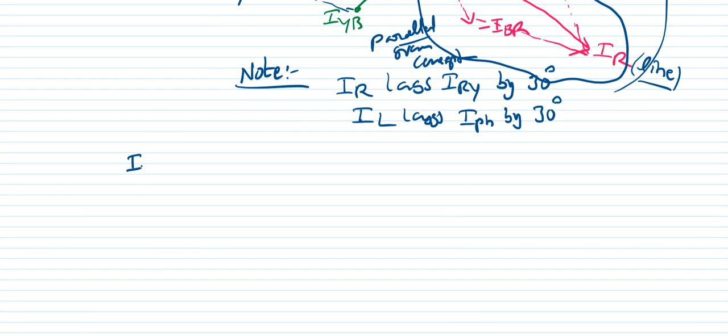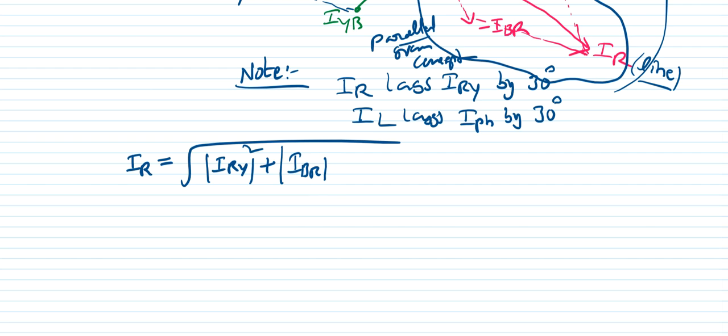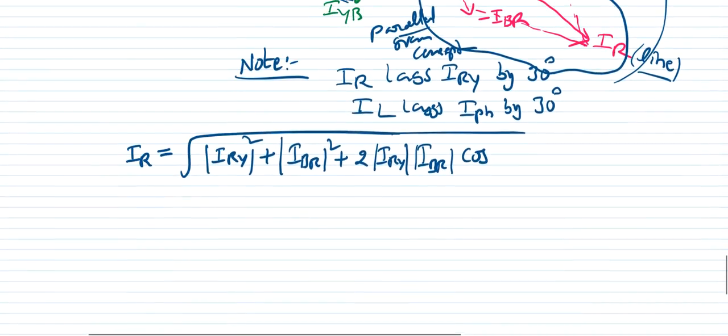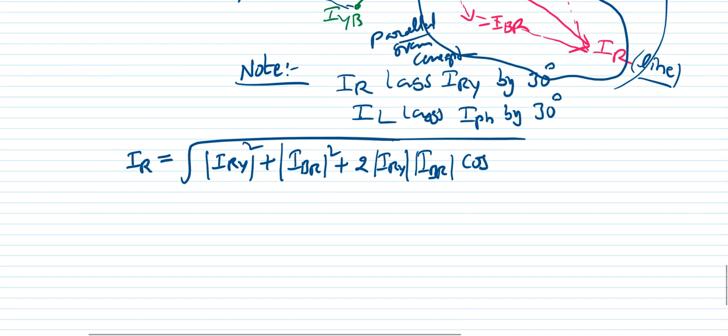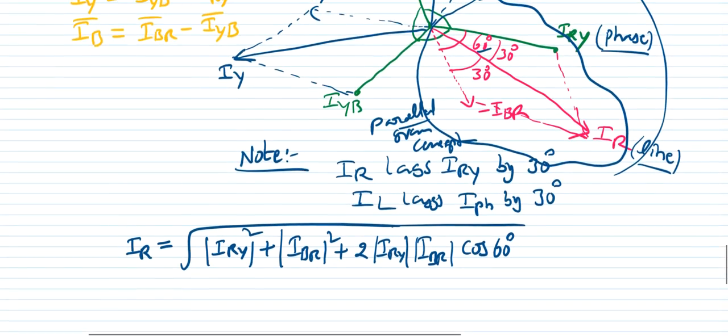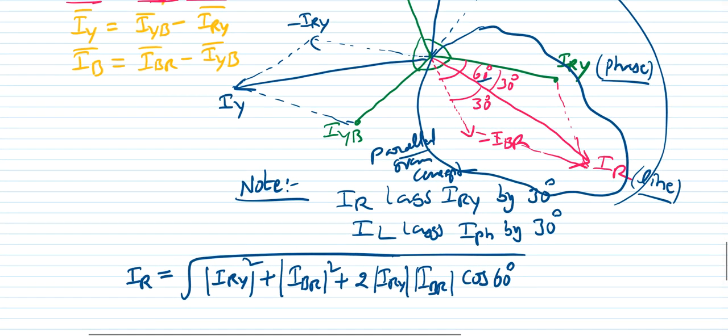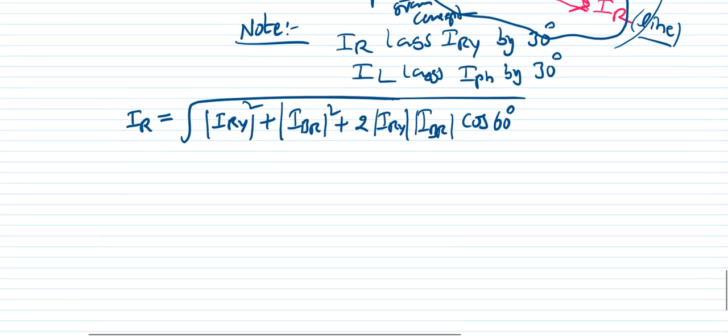So this IR is equal to the square root of IRY square plus IBR square plus 2 into IRY into IBR into cos of the angle between these two. What is the angle between these two? It is 60 degrees, sorry, the angle between these two is 60 degrees. I am taking that one.